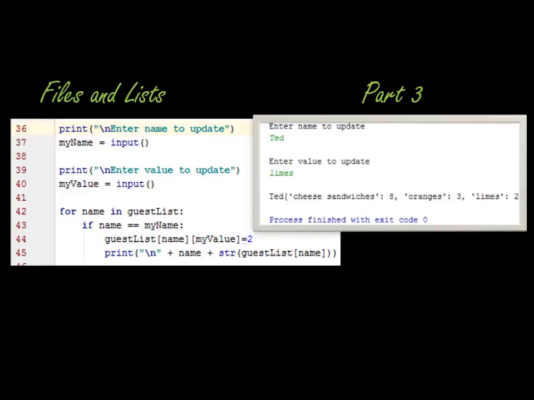So there's our output, and what we've actually done is added limes to the objects that Ted was going to bring. So not only can we modify the values that they're bringing, we can add all new values in if we want to.